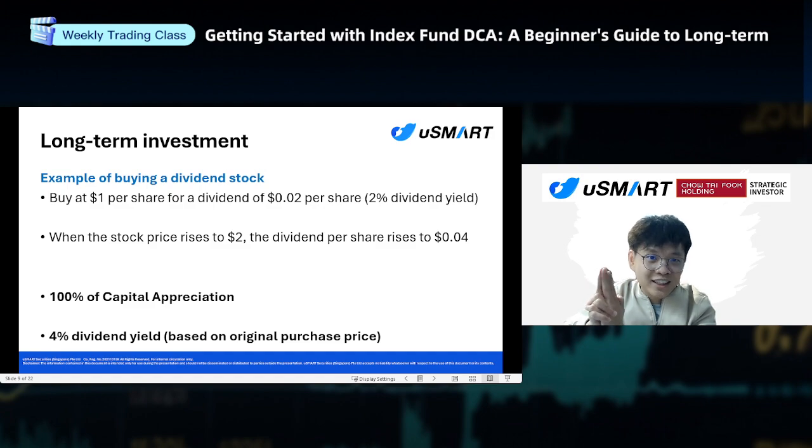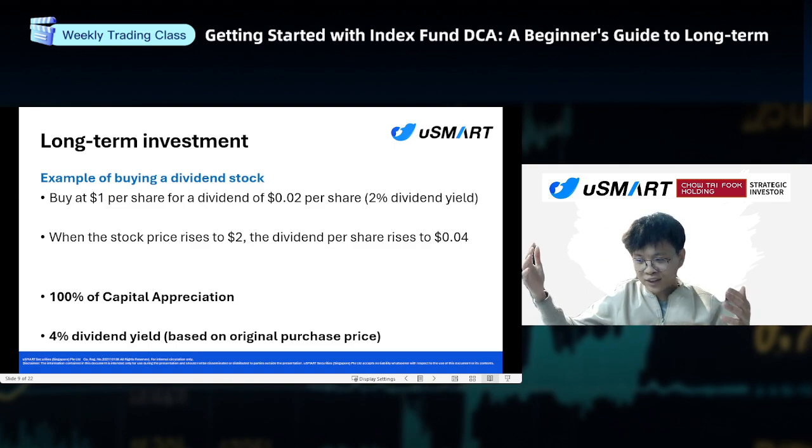So actually, for your portfolio, you are not earning a 2% dividend yield, but a 4% dividend yield, because it is calculated based on the initial capital that you put in. When the price keeps going higher and higher, the two are helping each other, and it keeps increasing altogether.